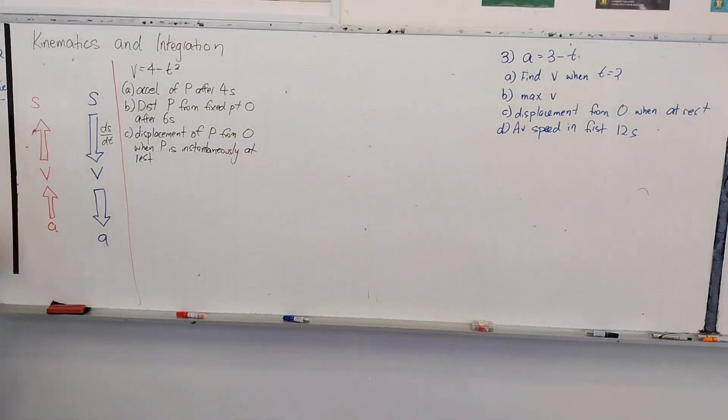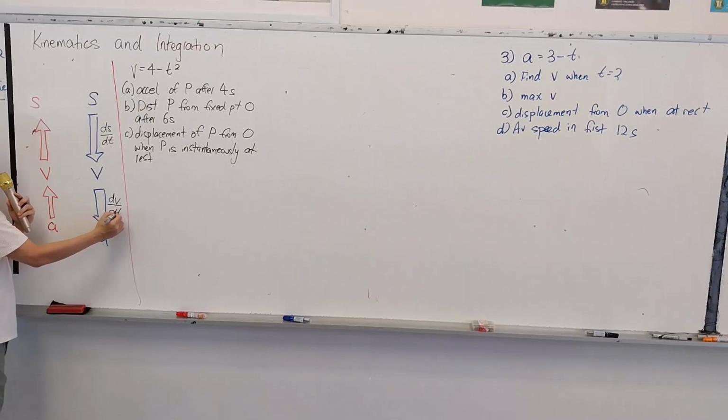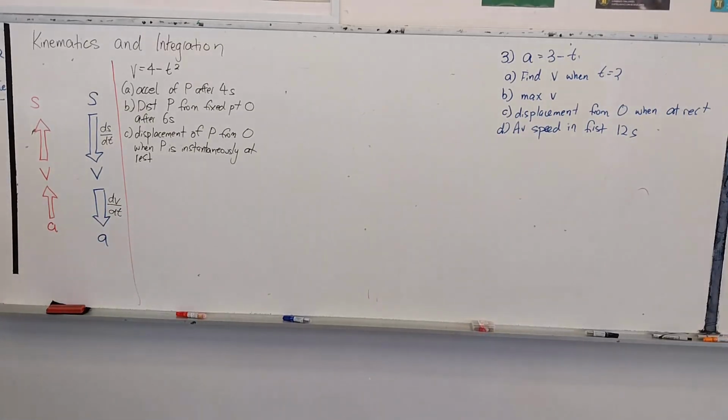Now, acceleration is when my speed keeps going faster and faster, so my speed keeps changing. That's acceleration. In order to find acceleration, change in the speed over the change in time. Okay, so that was what we did previous lesson.